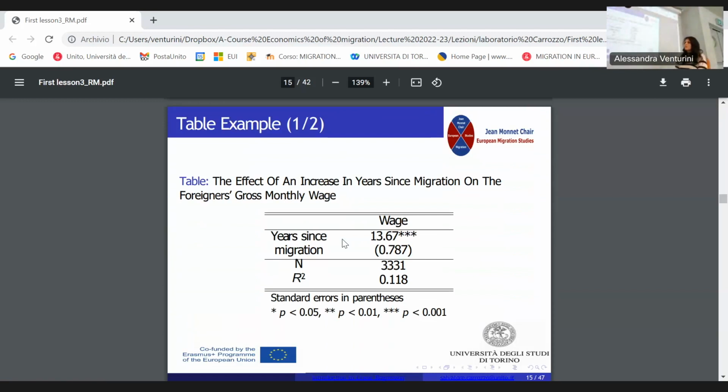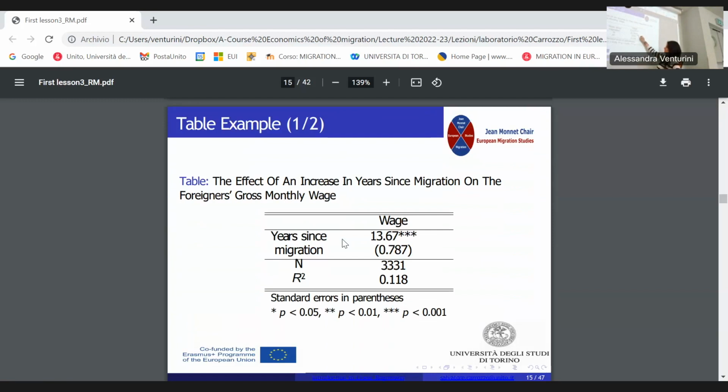Look that there are 3 stars, and the number in the bracket is the error. If the error was 27, instead of being 0.781, it means that it's larger than the coefficient, and everything will be rubbish.